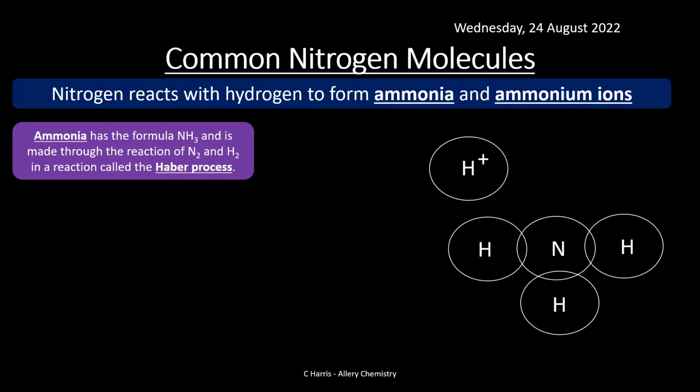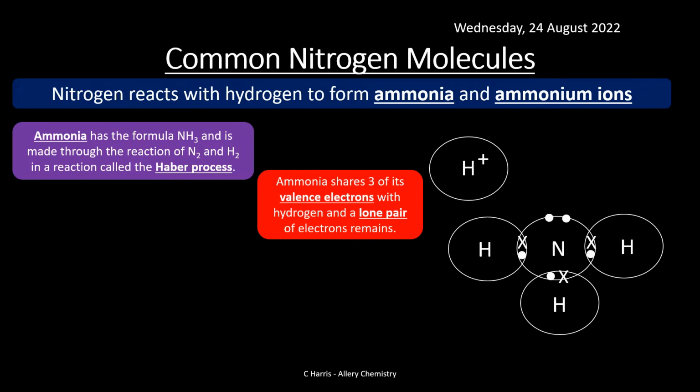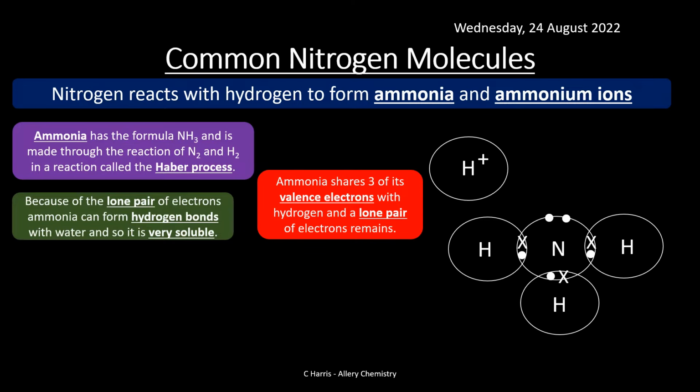And you've seen the Haber process in the past in previous topics. So ammonia shares 3 of its valence electrons with hydrogen, and a lone pair of electrons remains. So you can see there's ammonia, which is NH3, a very important molecule, as you'll see, because it's even got a whole topic dedicated to it.